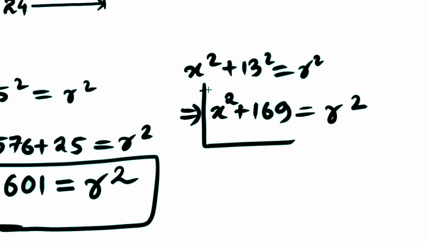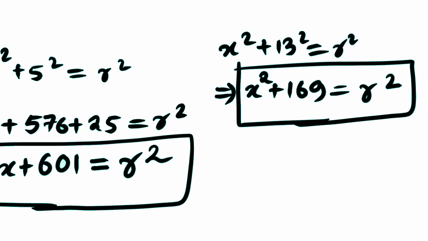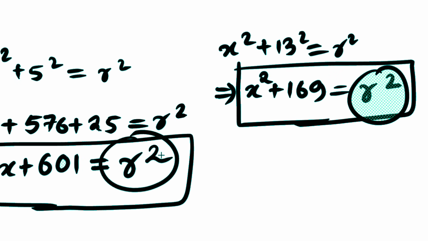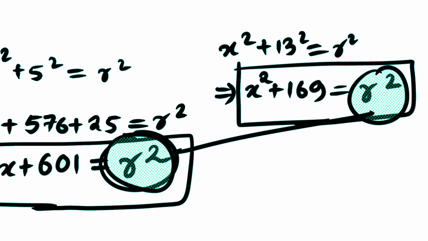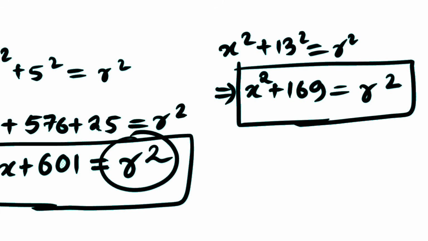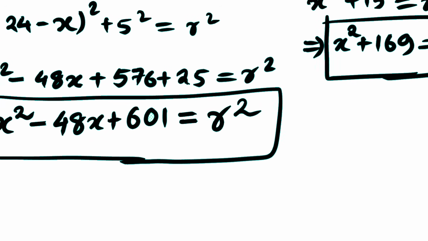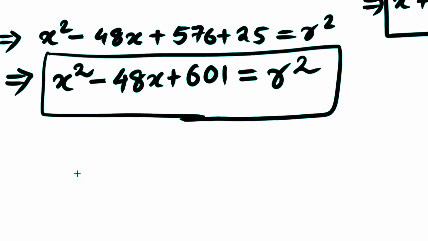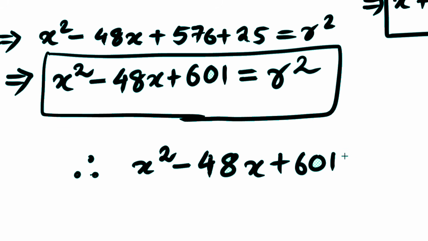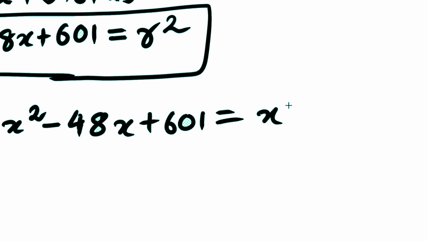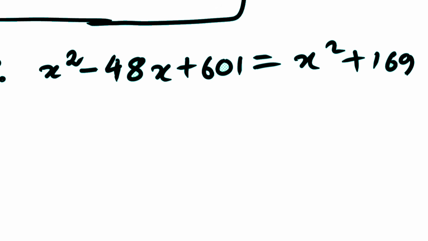Now here is the key observation. We have two different equations, but both of them are equal to the exact same quantity, r squared. That means we can set the two expressions equal to each other. So we write x squared minus 48x plus 601 equals x squared plus 169.